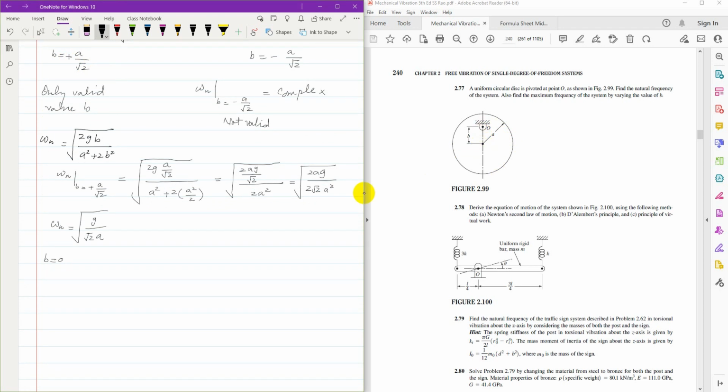So in that case, when b is equal to 0, this leads to omega n equal to 0. So when b is equal to 0, using that expression, natural frequency is 0. Then the maximum value of the natural frequency omega n is root g over root 2a under the radical. So that is the maximum frequency of the system by varying the value of b.